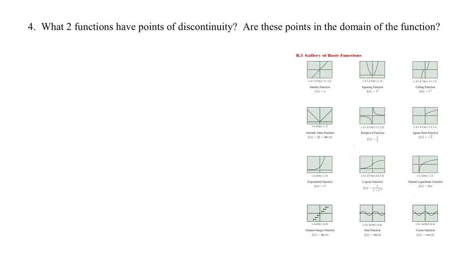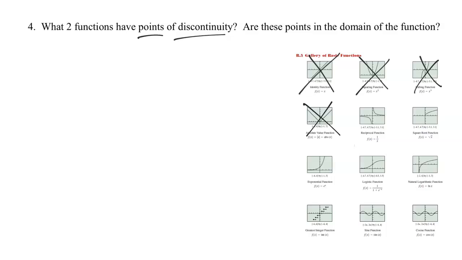Question 4, we want to know what 2 functions have points of discontinuity, and are those points actually in the domain of the function? So remember, discontinuity means that we cannot draw the graph without picking up our pencil. So if we look through here, f of x equals x, we can draw that without picking up our pencil. Same thing with quadratic, same thing with cubic.